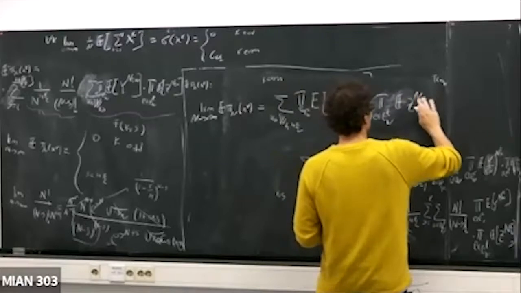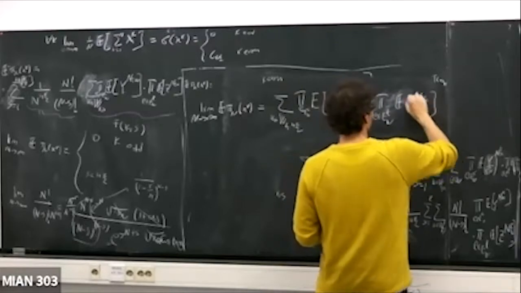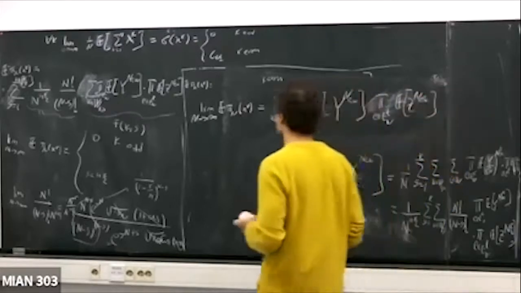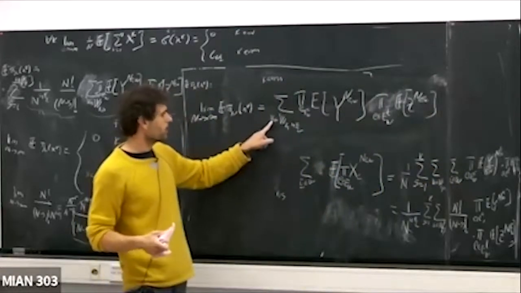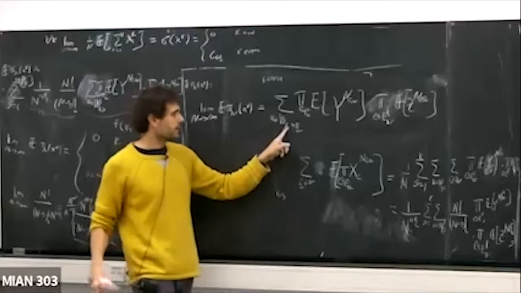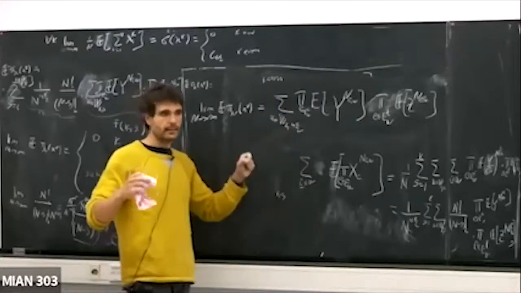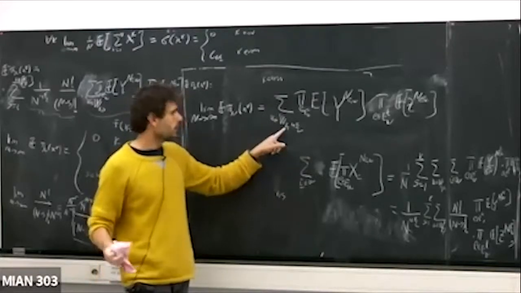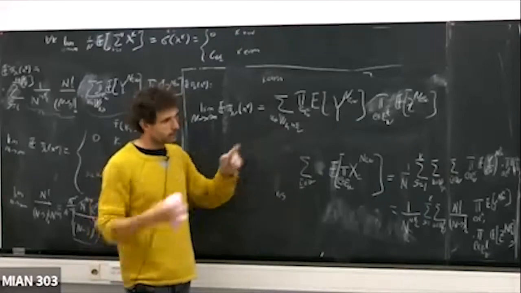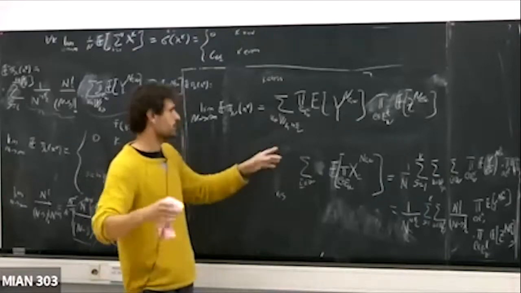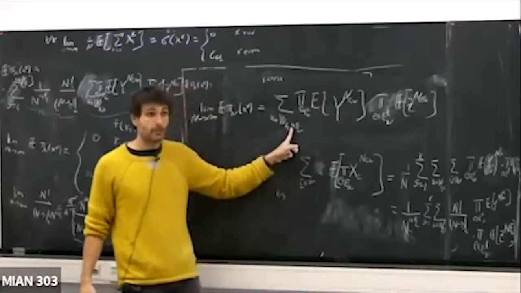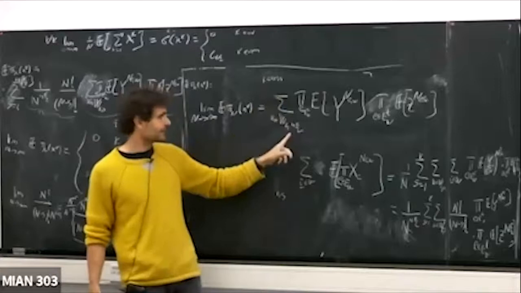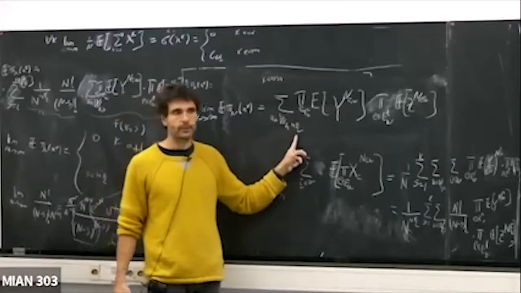So I leave you, if you want, one combinatorial exercise, which is the following. If you have a closed word, so it starts where it finishes, of length k plus 1, so there are k symbols plus the last, which is the same as the first one, but it has exactly 1 plus k over 2 distinct symbols, so k is even, not less.